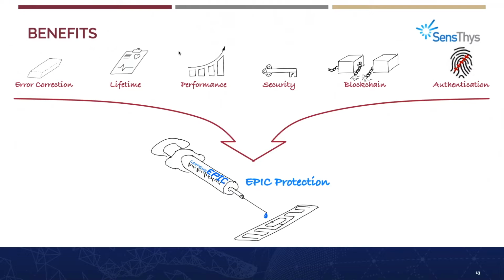And so we get additional lifetime out of these tags now because we're correcting these errors, we're fixing them. So all of a sudden, your tag that may have died after 2 years or 3 years, because we're discussing here not correcting single bit errors, but multiple bits of errors in the tags or in the transmission, we can now extend the lifetime of those tags, maybe improve the yield of your usage of those tags.